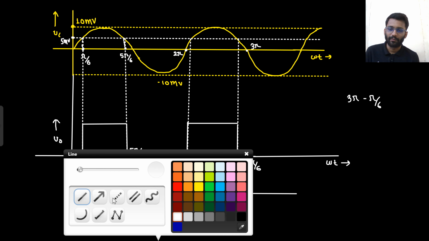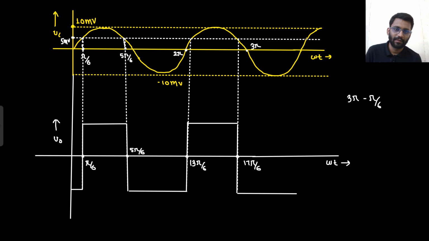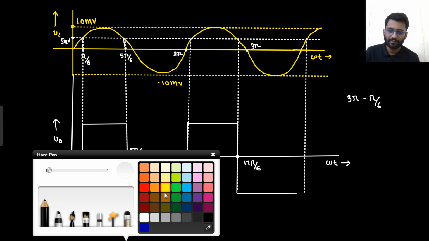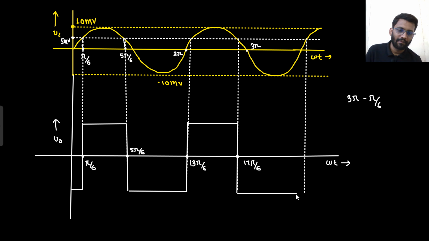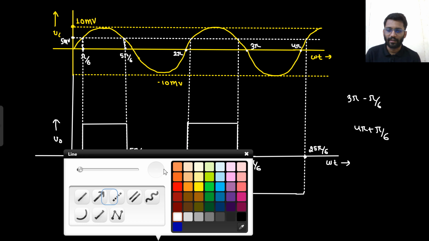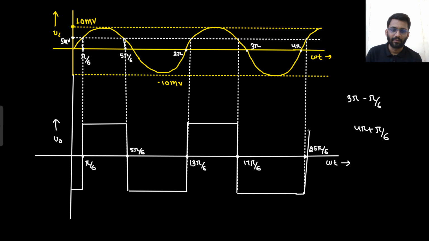So this waveform will go on till this point, and this point will be 4 pi plus pi by 6, 25 pi by 6, and then it will again rise and will continue.